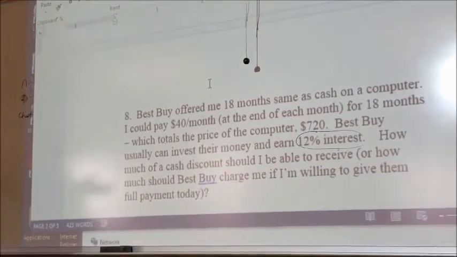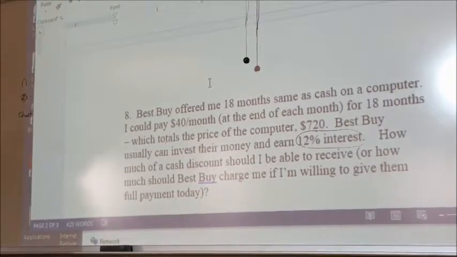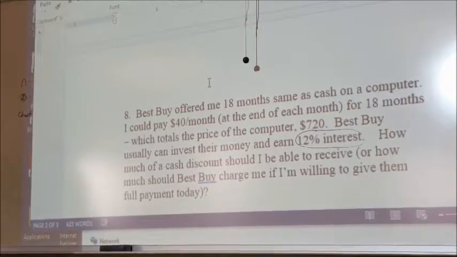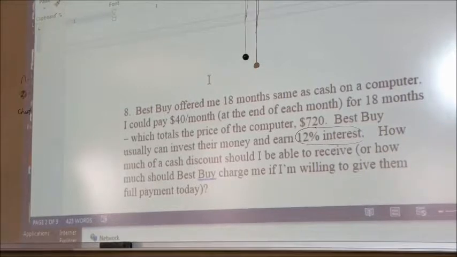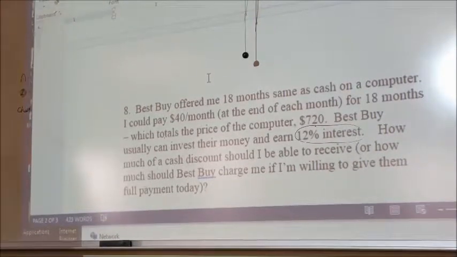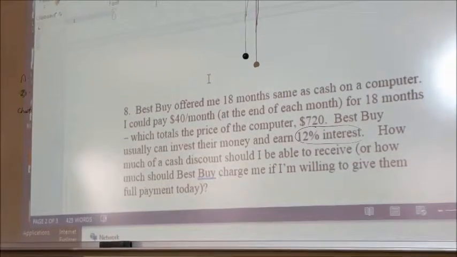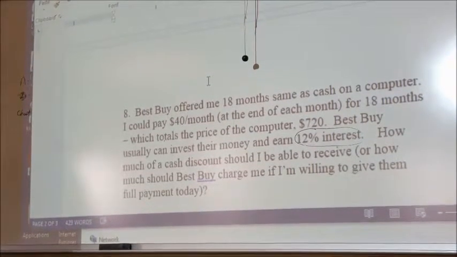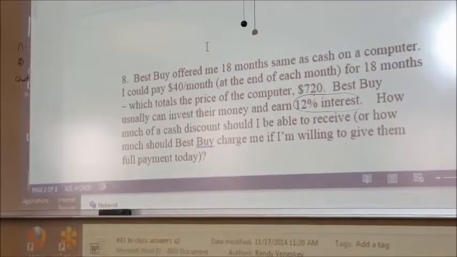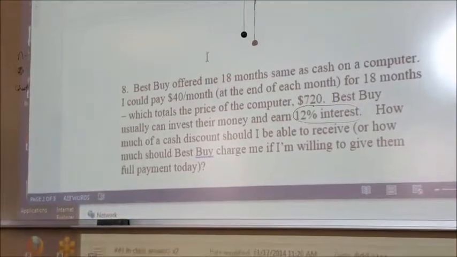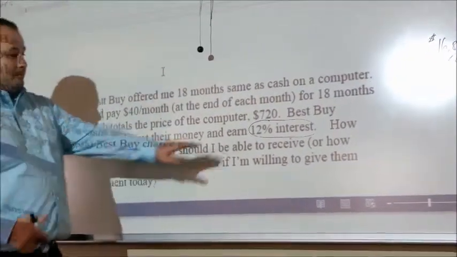Meaning they could buy inventory, sell it for their markup, and after a year, instead of having $1,000, they would have $1,120. Because that would be 12% earned by marking up their inventory. So if I was Best Buy, I think I would want to entertain some deal maybe.